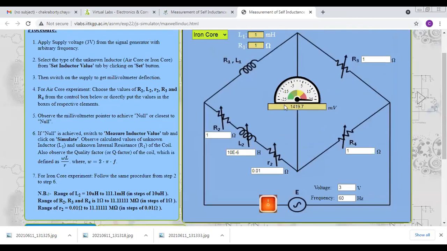Whenever I switch it on, I can see the pointer begins at the maximum point. So I can change the arms one by one accordingly, so that it goes to the null position or the zero position. The pointer may come to zero, or it may tend to zero. Getting zero is very difficult.